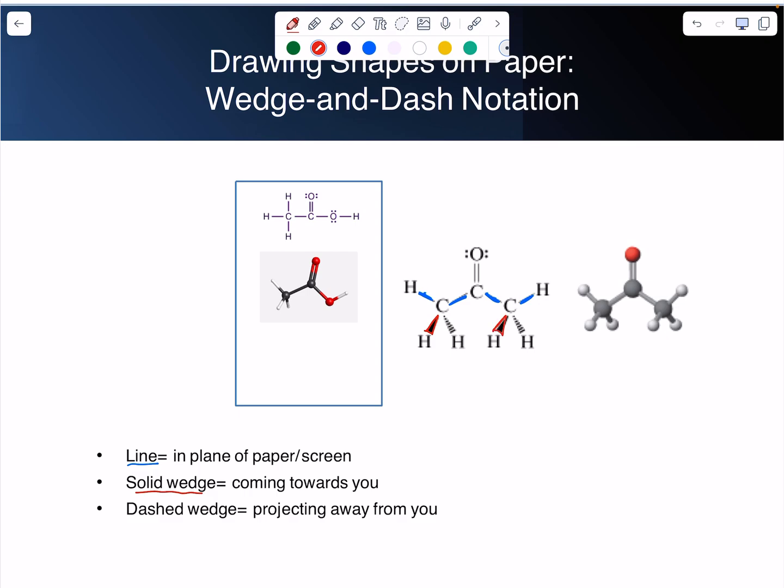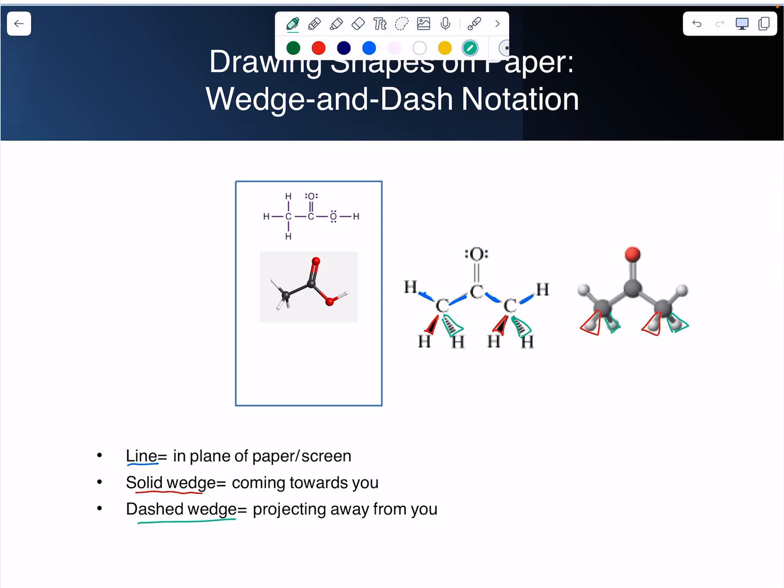And if you look, that is representing this atom right here in the ball and stick model, okay? And then our dashed wedge is the one that's going to be projecting behind the screen, okay? So this one is kind of shaded to look like it's going away from you, okay?